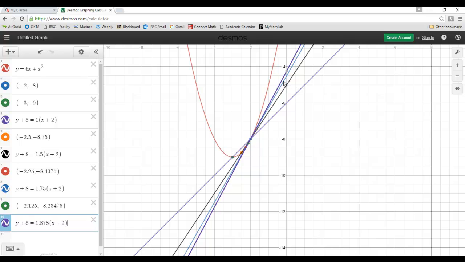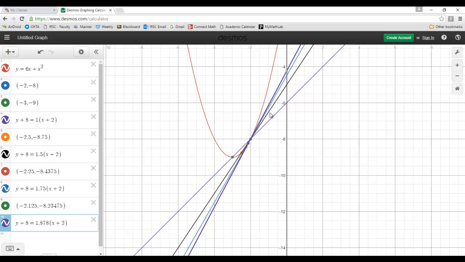Okay. So see here, as we get closer and closer to this blue point here, the secant lines appear to be better and better approximations of a tangent line. Now remember, what's a tangent line? A tangent line is a line that intersects a curve at exactly one point.